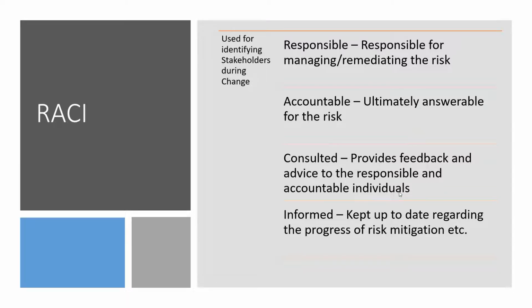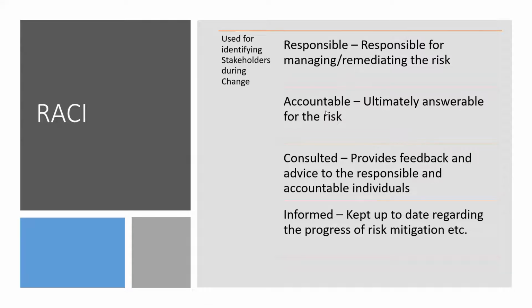So for example, if an IT architecture risk has been identified, the Chief Information Officer may be the person who is the risk owner. They would delegate the responsibility of mitigating the risk to the IT manager, for example, or the IT architecture manager.